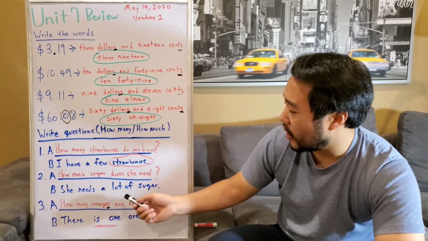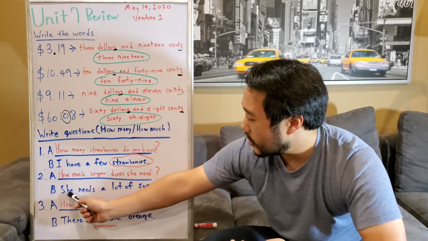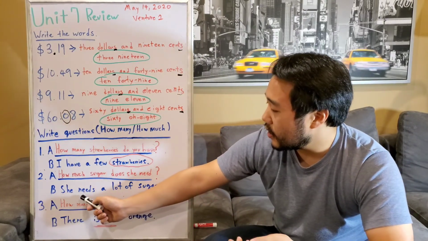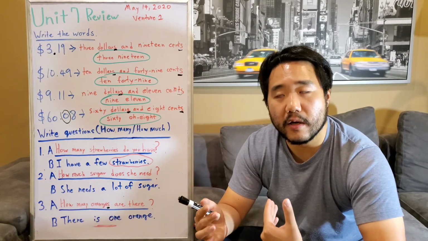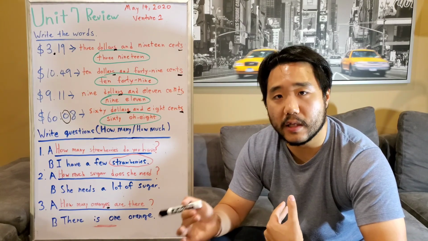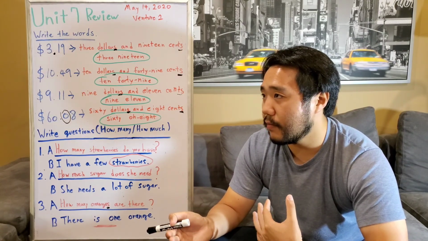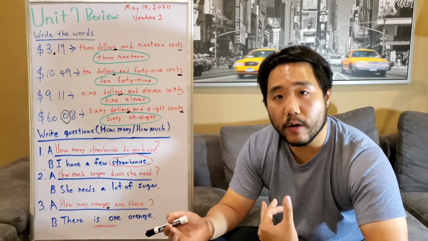Here, she needs a lot of sugar. Sugar is a non-countable noun. She is the subject pronoun, and it needs to be included. If the subject pronoun is she, he, or it, it needs to have the word does in order to form a question.